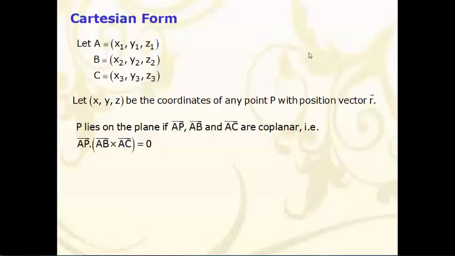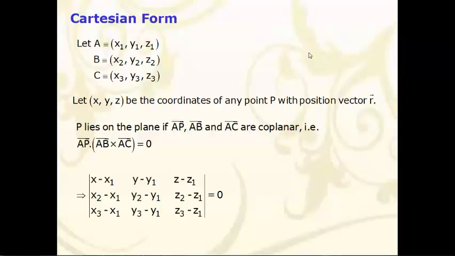P lies on the plane if vector AP, vector AB and vector AC are coplanar. That's why the dot product of AP vector and the cross product of AB and AC vectors will be equal to 0. That means the determinant of rows (x minus x1, y minus y1, z minus z1), (x2 minus x1, y2 minus y1, z2 minus z1), (x3 minus x1, y3 minus y1, z3 minus z1) equals 0.